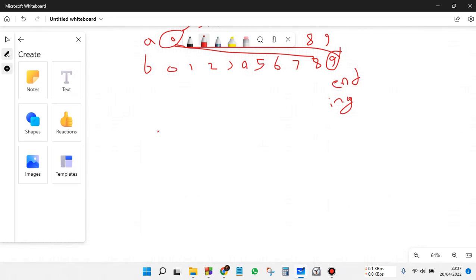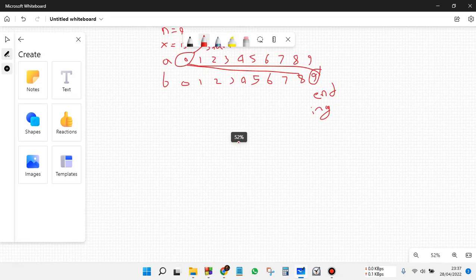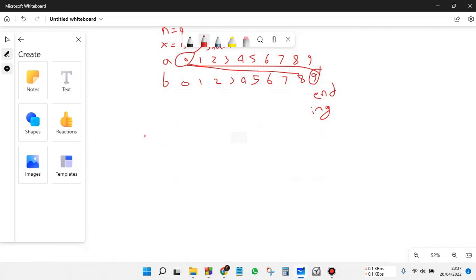For a is equal to 0 and j is equal to 9. X means the function.